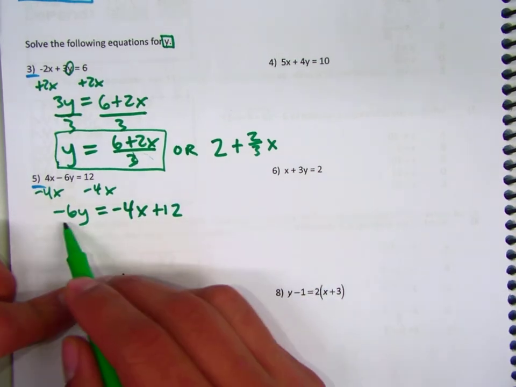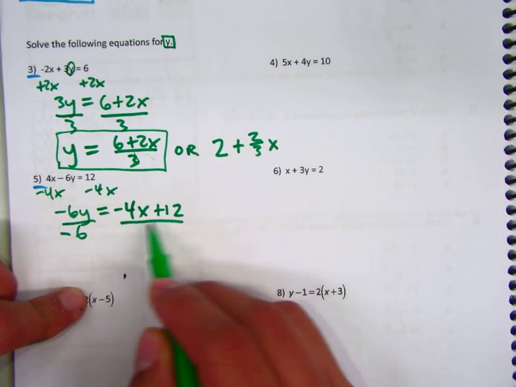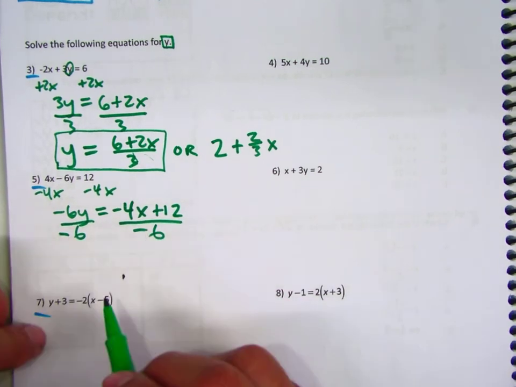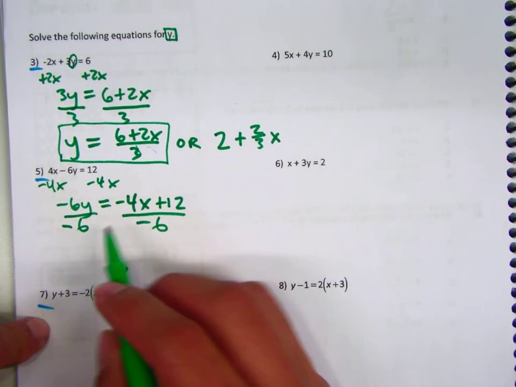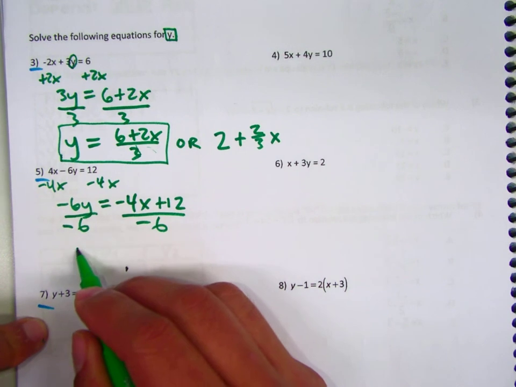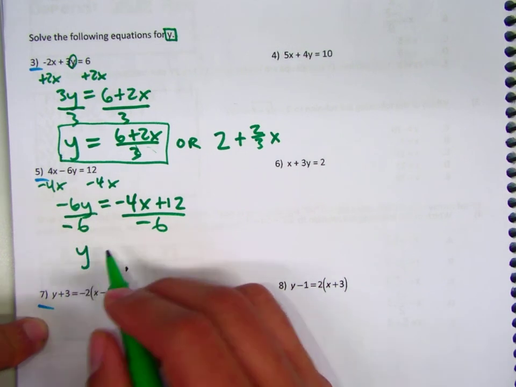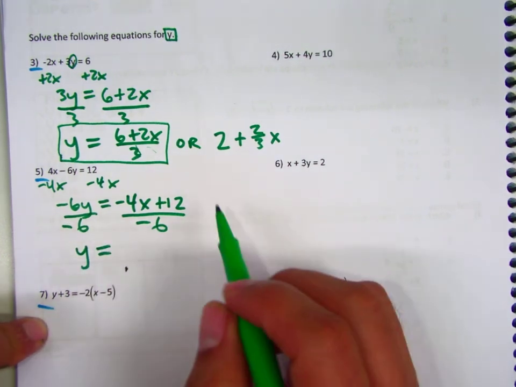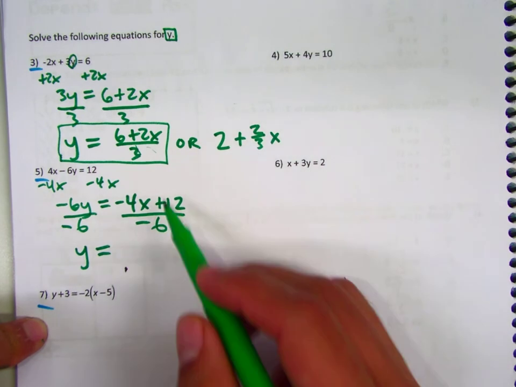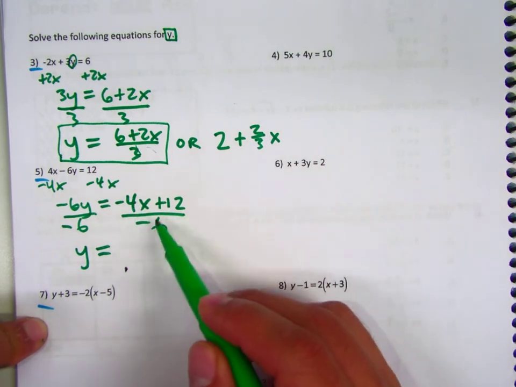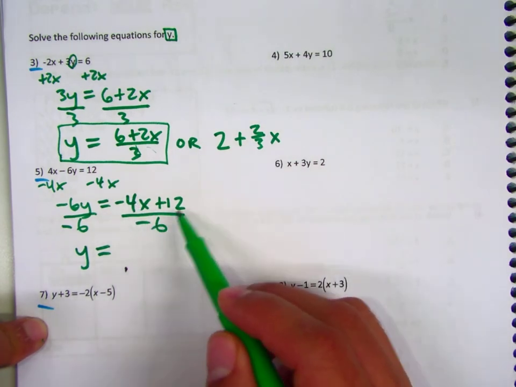And just like before, you divide everything by this coefficient, which is negative 6, and now you get positive y, since the negative divided by negative is positive. And let's go ahead and reduce here. You see how all of these numbers are even? Okay.